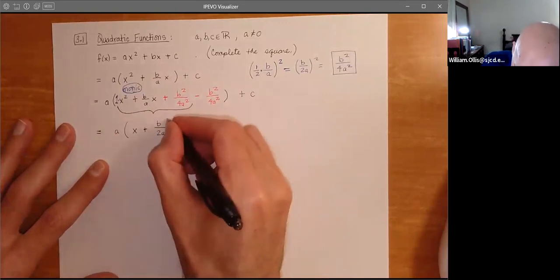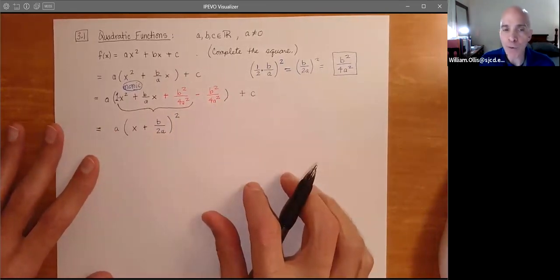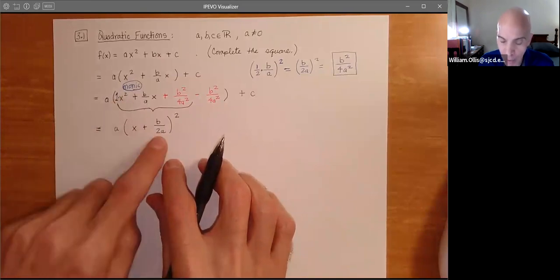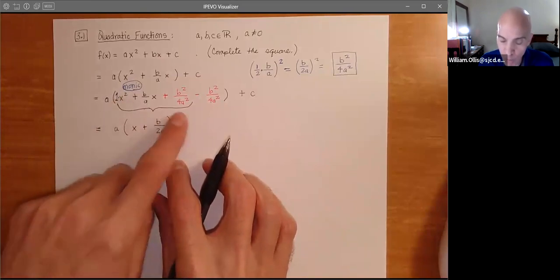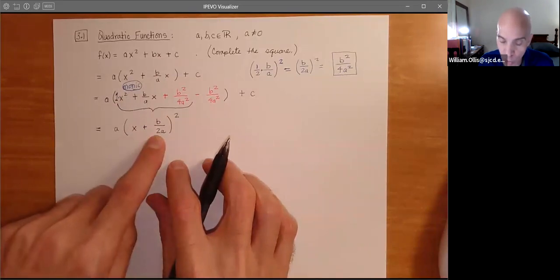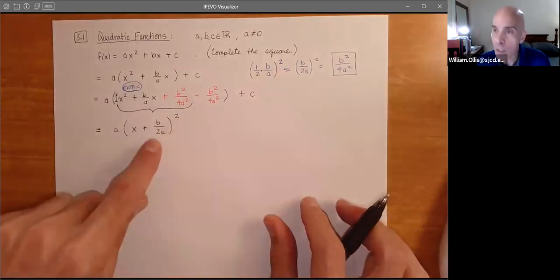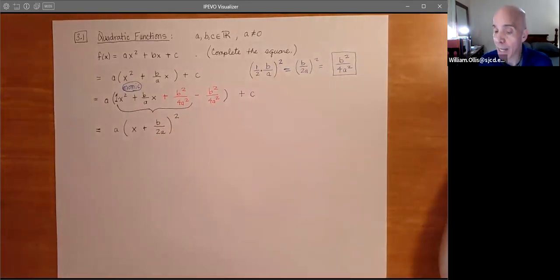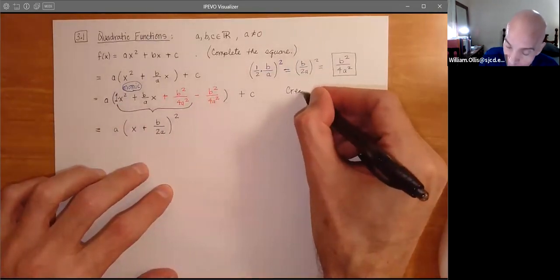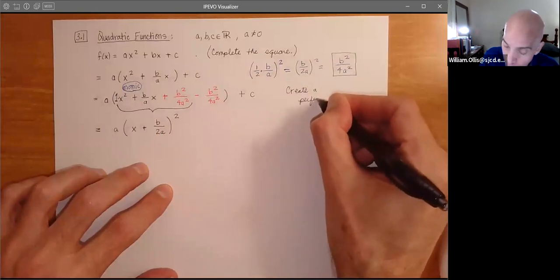Okay, b over 2a squared. So you don't have to believe Professor Ron, let's just do it. x squared, square this term, b squared over 4a squared, multiply these together, hit it with a 2, the 2 absorbs, and we get exactly that. So this technique will allow us to create a perfect square trinomial.